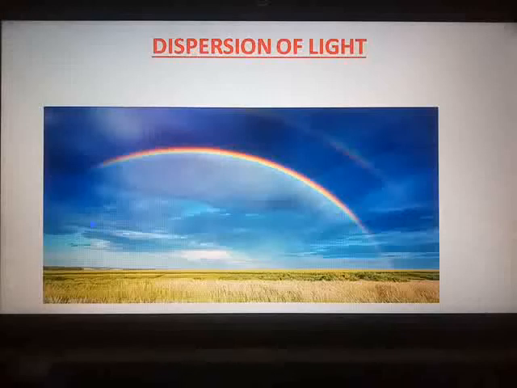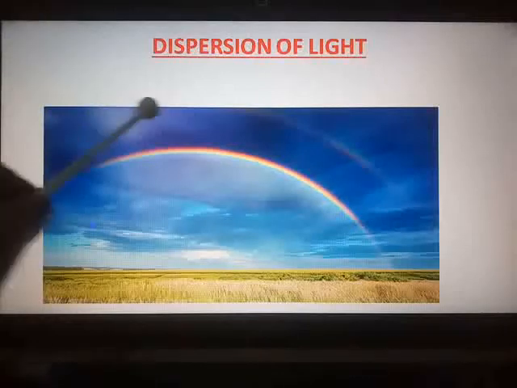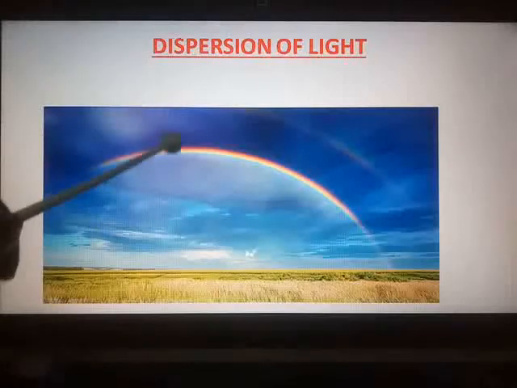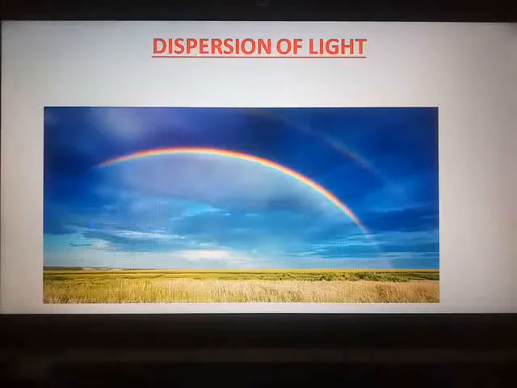You will see that light rays are divided into different colors, and these different colors are observed in the following order. In the lower classes you were seeing these different light shades through the plastic scale. So the first color here is violet. You can see here in the form of a rainbow. VIBGYOR, you have studied VIBGYOR. So violet, then indigo, then blue, green, yellow, orange, and finally you see the red color.